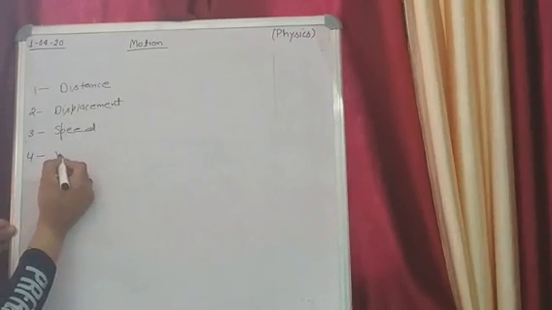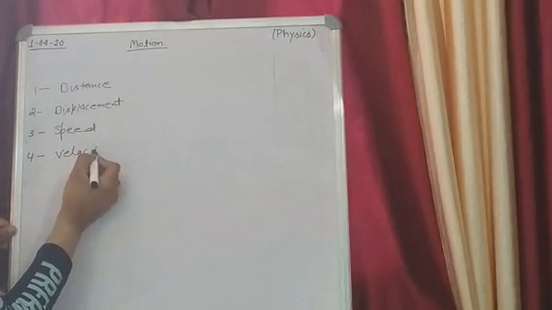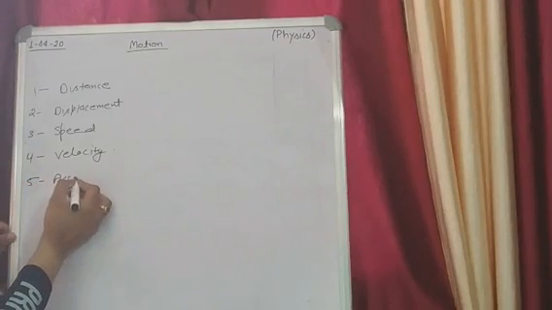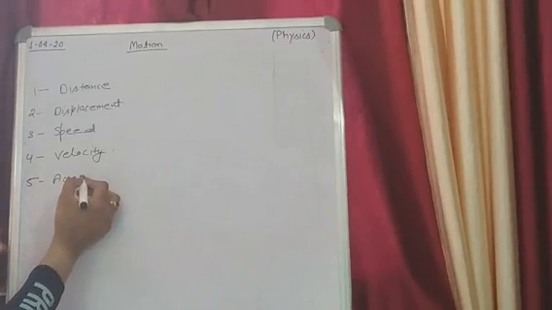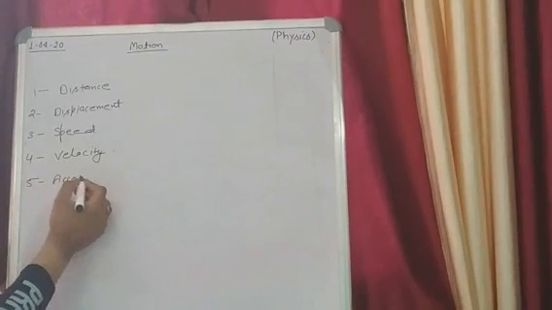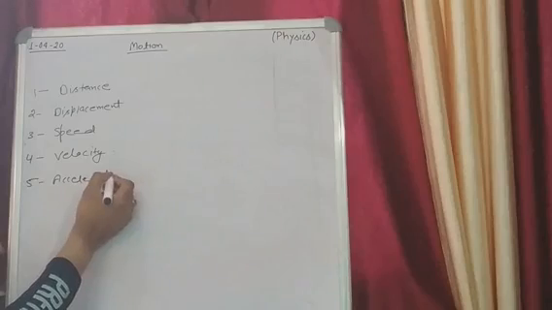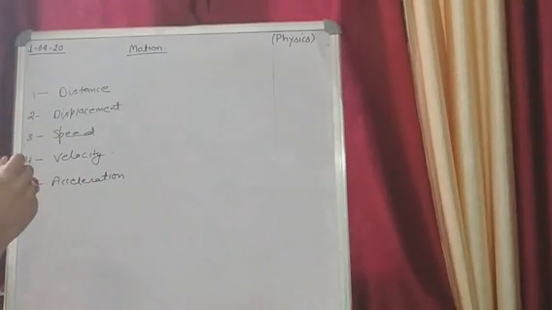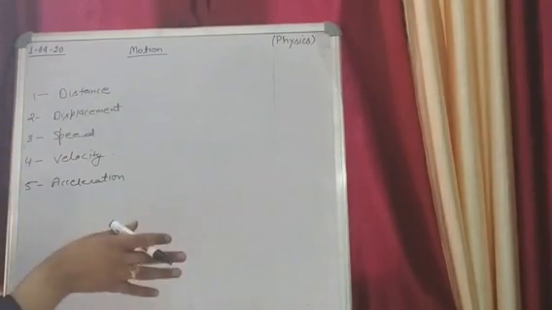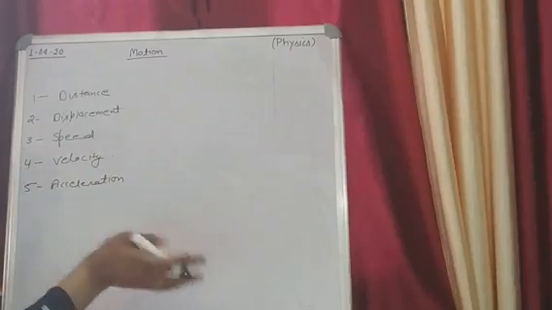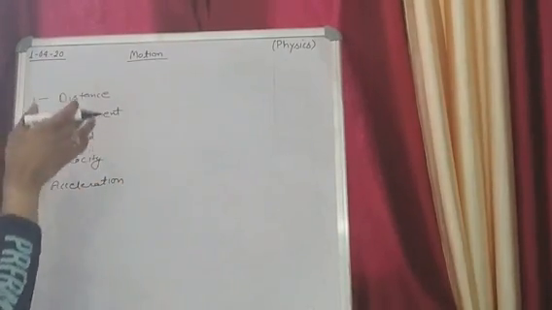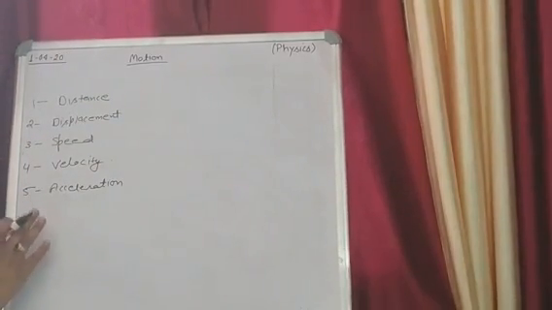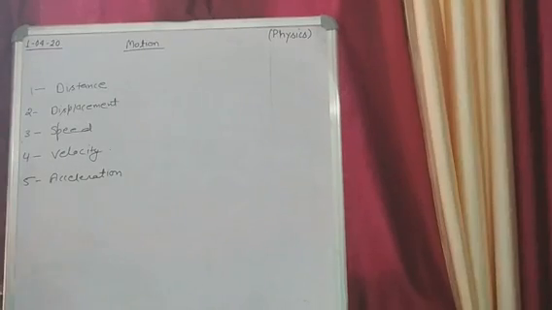Number 4, velocity. Number 5, acceleration. These 5 physical quantities are very important for us. In this chapter, we will read about distance, displacement, speed, velocity, and acceleration.